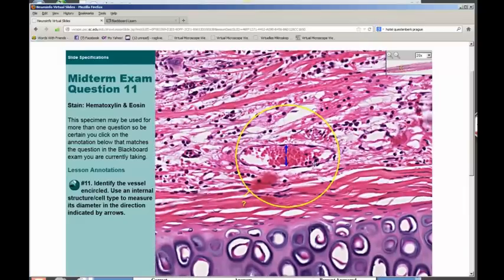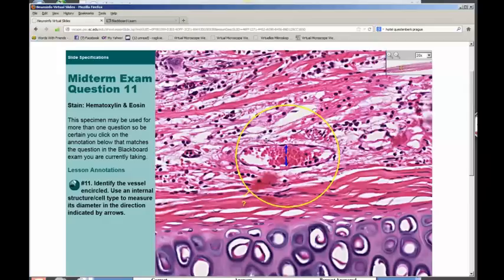But while looking at this vessel, we see red blood cells. And what are we going to use for an internal measurement? Well, you could use the red blood cells, or you could use a lymphocyte here, and it's about the diameter of my little indicator here. So I would just go 1, 2, 3, 4, 5, 6, 7. 7 times 5 is 35.